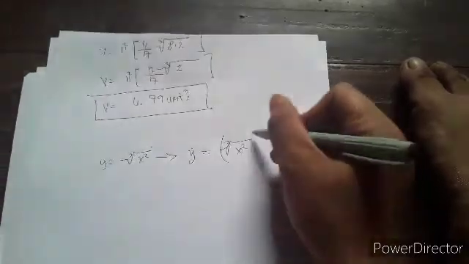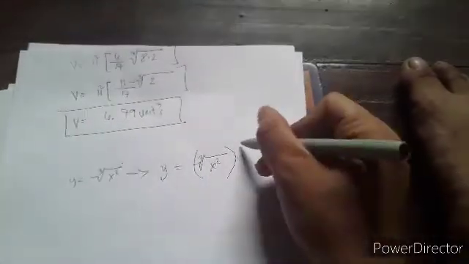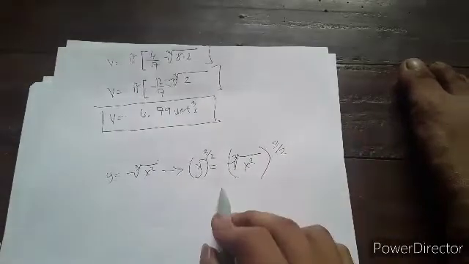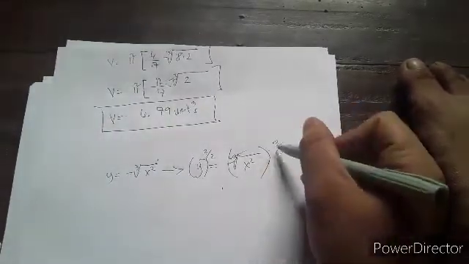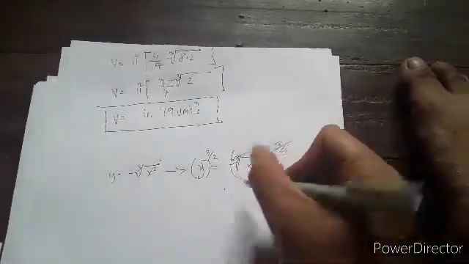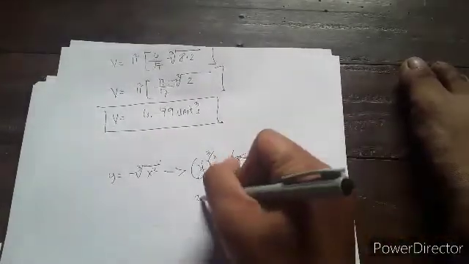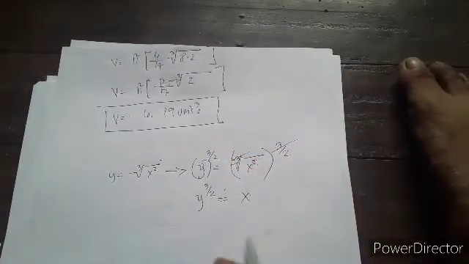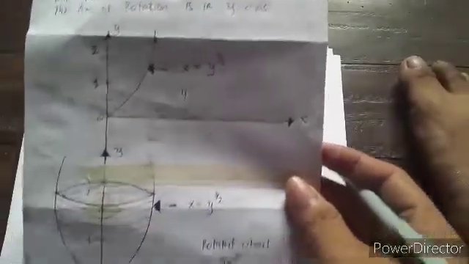Let's raise both sides to the 3 halves in order to get the value of x. So this will cancel, and then x equals y to the 3 halves. That's why our x is equal to y to the 3 halves.